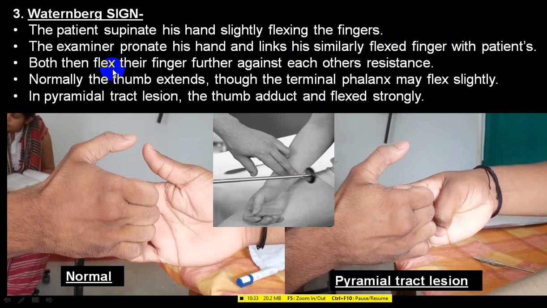Both then flex their fingers together against resistance. Normally the thumb will extend, though the terminal phalanx may flex slightly. In pyramidal tract lesion, the thumb adducts and flexes strongly. This response is called Wartenberg test. So you have the finger flexion test, the Hoffman test, and the Wartenberg test.